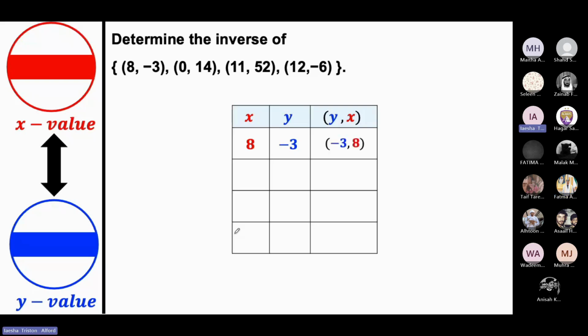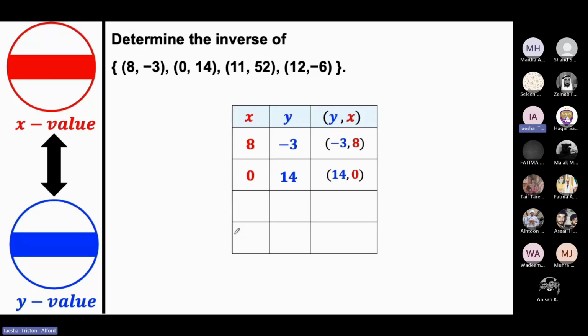Anybody else want to go, or is it just me and Fatima? I need the next X for the next point. Positive 0. Okay, 0. Positive 14. Okay, fine. What's the inverse? Positive 14 and positive 0. And 0. Fine.